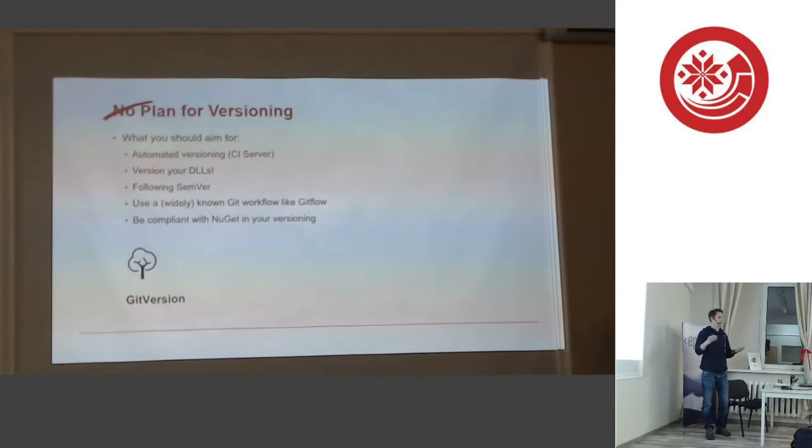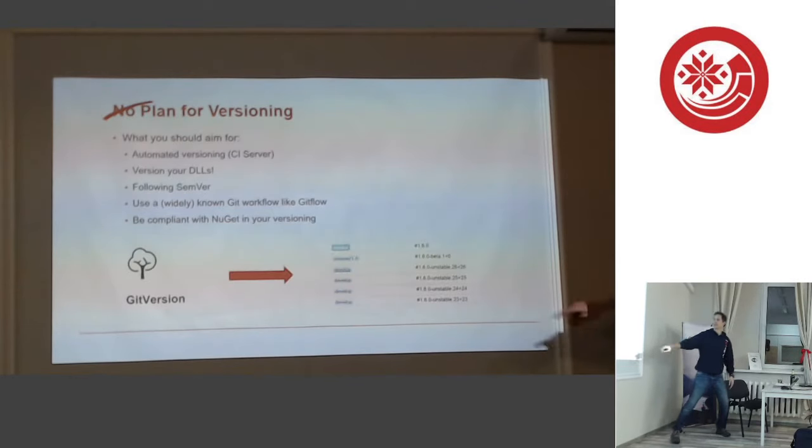It can also read your commit comments if you would like to override something. It also knows release branches and hotfix branches. So it's really amazing. And what it does is it creates really nice and properly named versions of your builds.